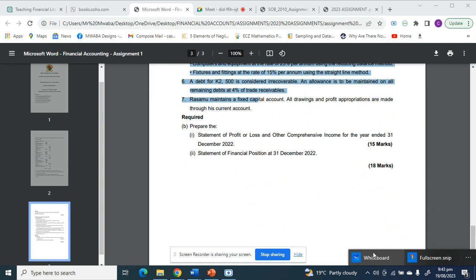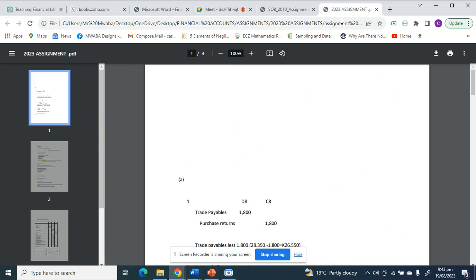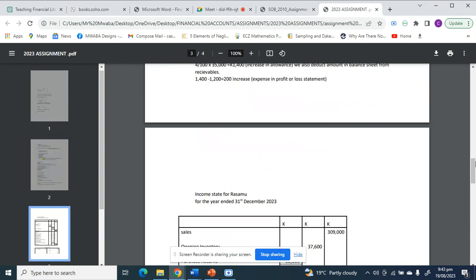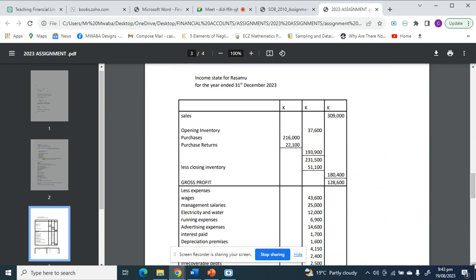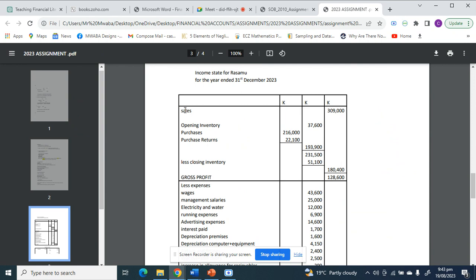The purpose of the trading account is to get your gross profit. All right. That's what you want to find out, your gross profit. Okay. So, this is how we start the format for the trading account. All right. You will start with your sales revenue, how much you made in sales that year.